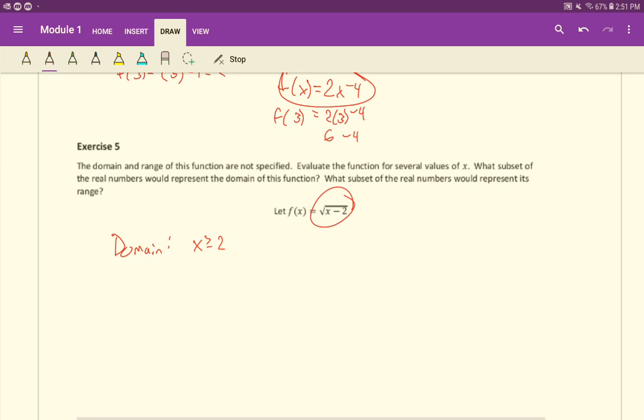So the range is going to be y is greater than or equal to 0. Because anytime we take the square root of something, it's always going to be positive or 0. The square root of a positive number is positive, the square root of 0 is 0, and so we get this domain and range.